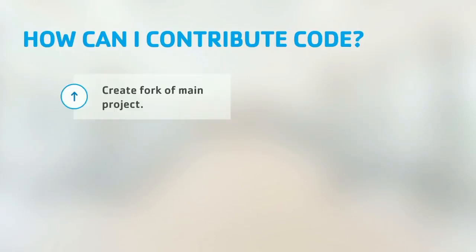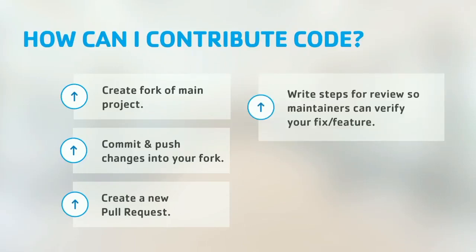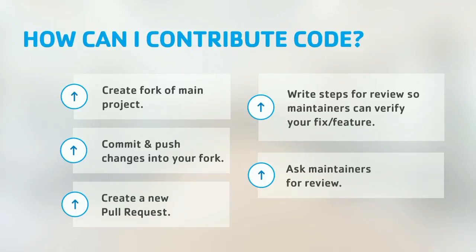First of all, you can create a fork of the main project on GitHub. Then you can find an interesting issue or just contribute documentation or something to the project. Then create a new pull request, write steps for review, and ask maintainers to review your pull request and maybe merge it, so eventually you will get some commits on Drupal.org.